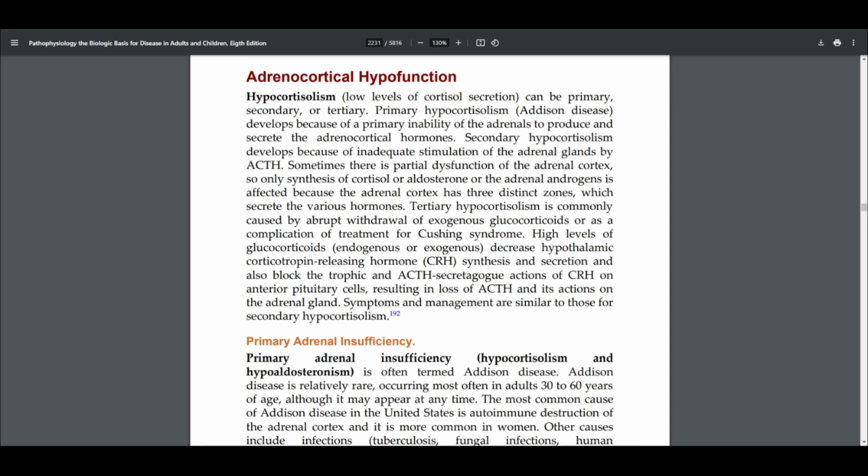Tertiary hypocortisolism is commonly caused by abrupt withdrawal of exogenous glucocorticoids, or as a complication of treatment for Cushing syndrome.